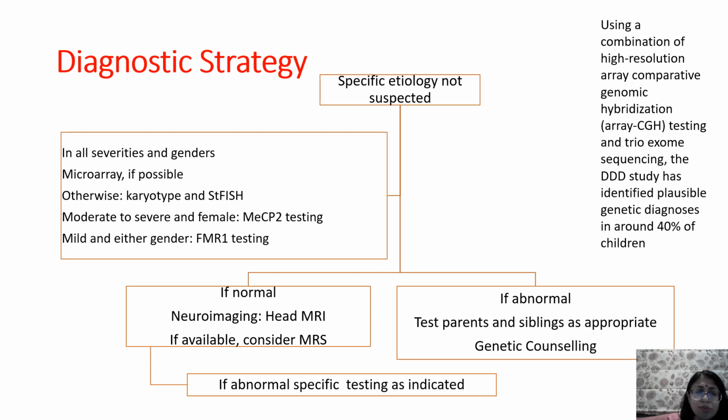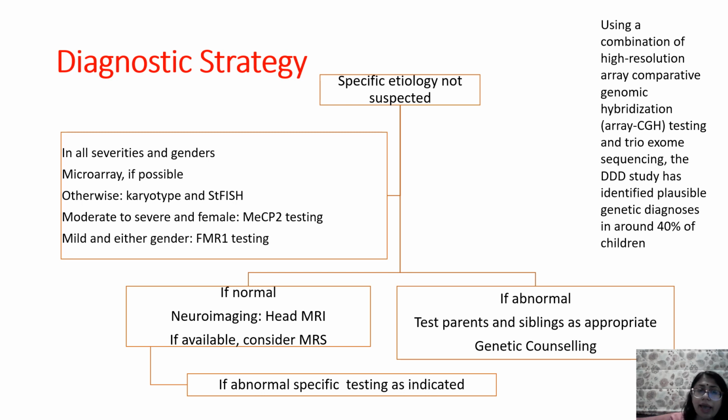In females, if there is a moderate to severe delay with a suggestive history of acquired microcephaly with motor stereotypies, persistent eye pointing, we do the evaluation for Rett syndrome using MECP2 gene testing. If it is a mild delay and for either gender, we need to look for fragile X syndrome using FMR1 testing. Suppose these come out to be normal, then we do neuroimaging using preferably the head MRI, and if we can get it done, we should consider the MRS as well.